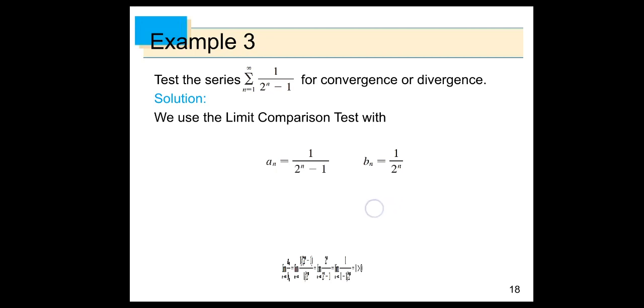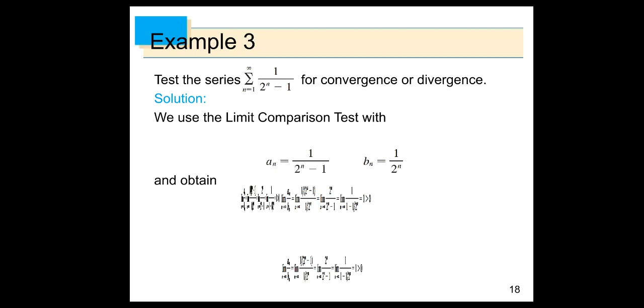You can see the highest term in the numerator is 1, and the highest term in the denominator is 2 power n, right? So we just formed our b sub n. I'm sorry guys, this was part of an image and I think it's disturbed, but I'll send you the PPT and you can see it clearly. I am going to explain it to you because I can see it on my laptop as well.